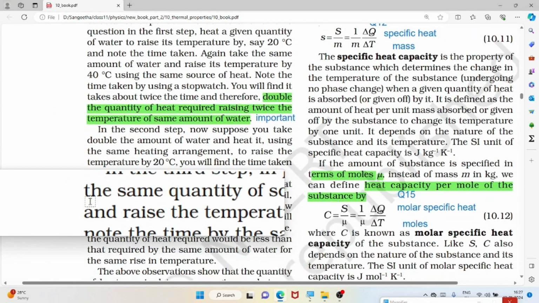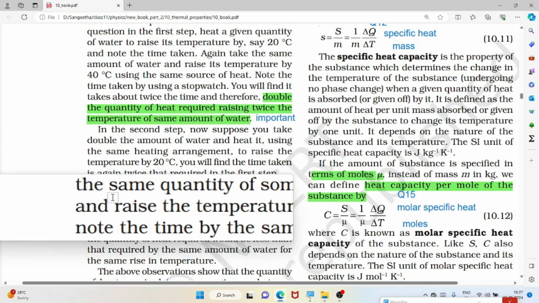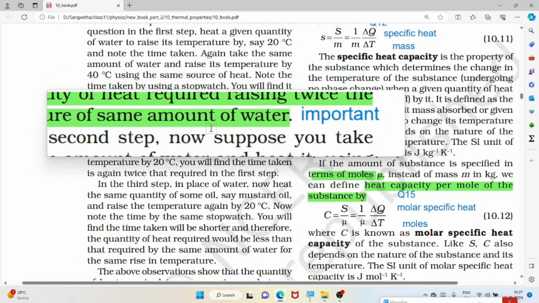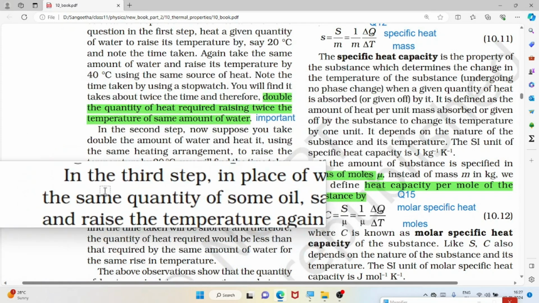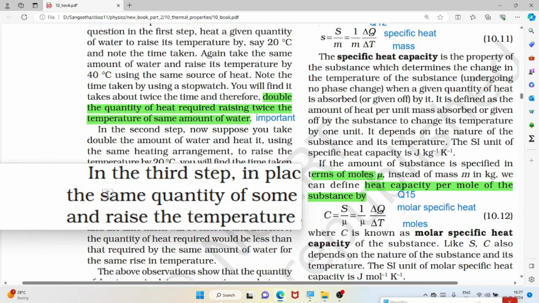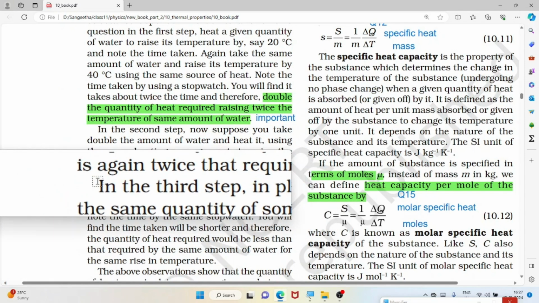Specific heat capacity. So here what they mentioned is the heat required is not constant between temperatures. Suppose from 20 to 40 degrees Celsius you require some heat, that may not be the same for 40 to 60 also.